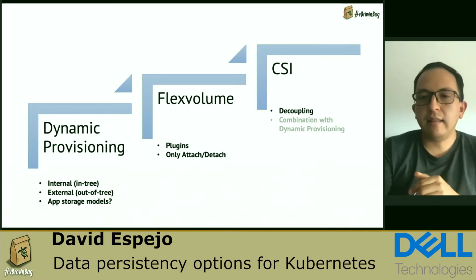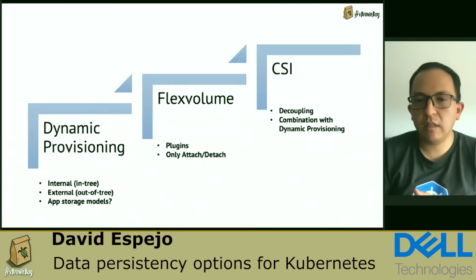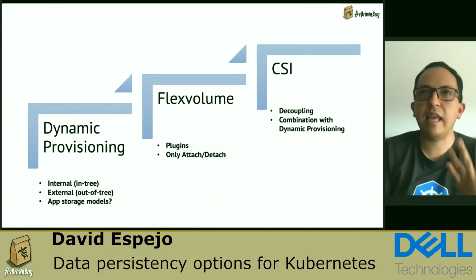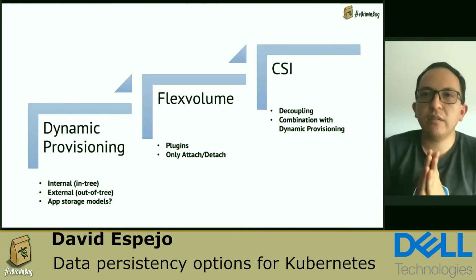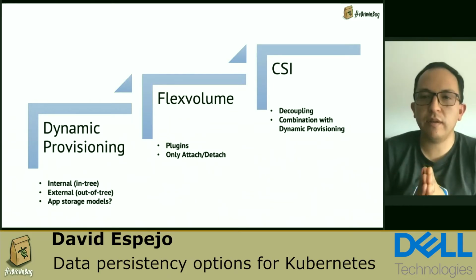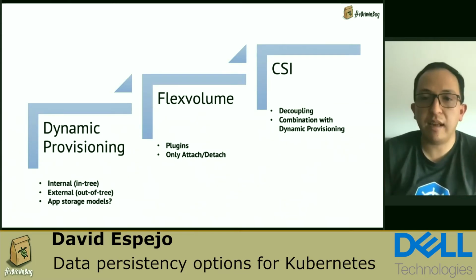So that is important, because when you combine that with dynamic provisioning, if I take a step backwards, dynamic provisioning requires the use of a concept in Kubernetes called a storage class. A storage class is, let's say, like a storage policy or storage profile in vSphere.